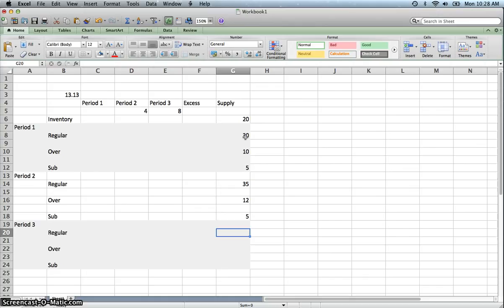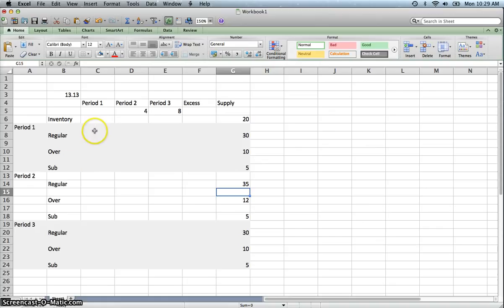In period three, we go back to 30 units, and overtime is 10 units, and the subcontractor 5. So we put in all of the capacities that we have available. So we have beginning inventory, and then in period one, we can produce 30 units using regular, 10 using overtime, 5 using subcontractor, and so on.